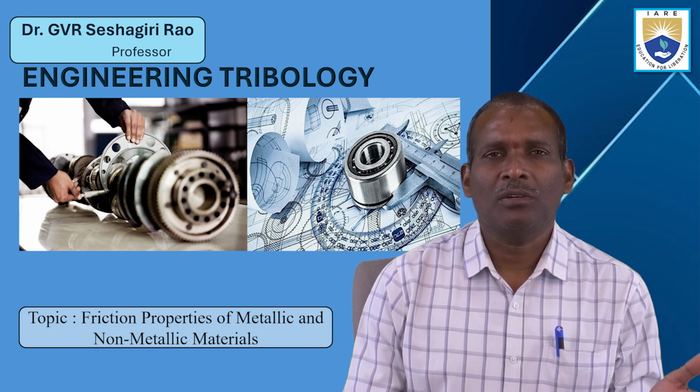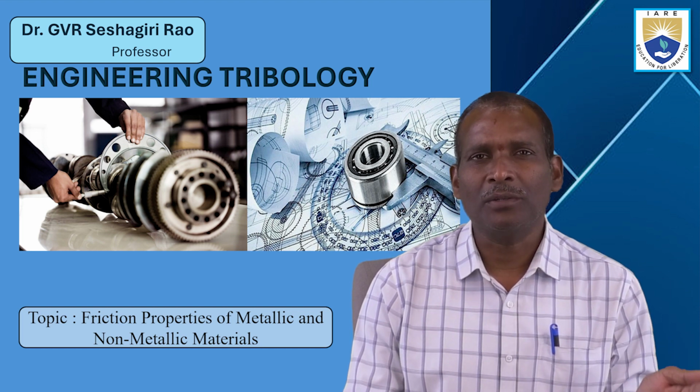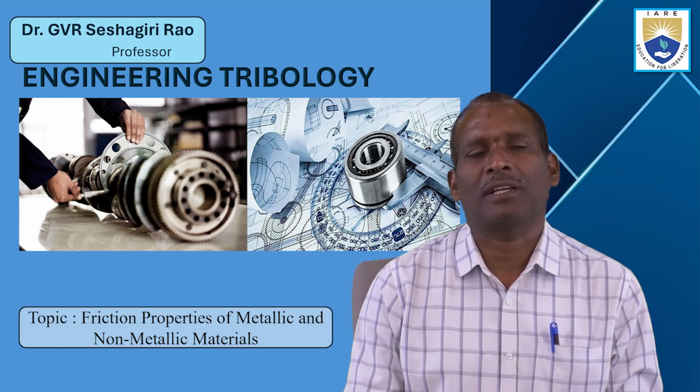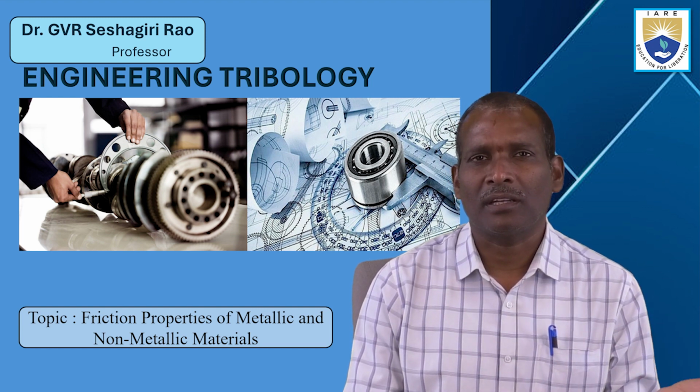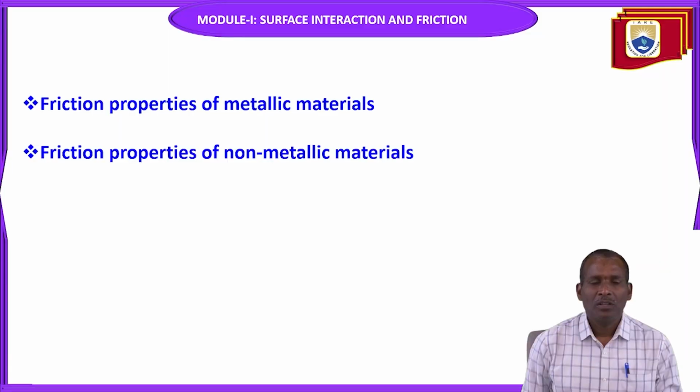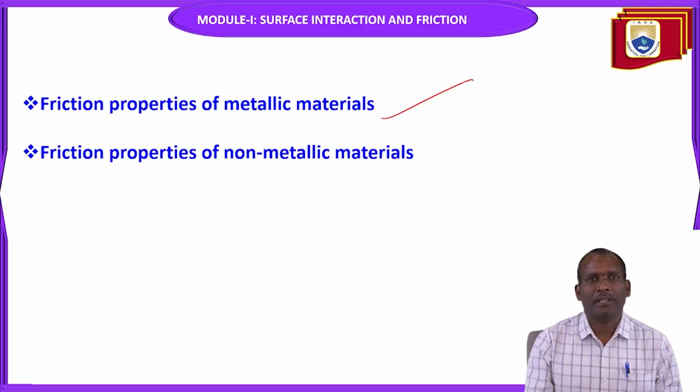If you know the friction properties of metallic or non-metallic materials, you can reduce the friction. Instead of using this material, you can select another material. Clear? So the first one is friction properties of metallic materials.